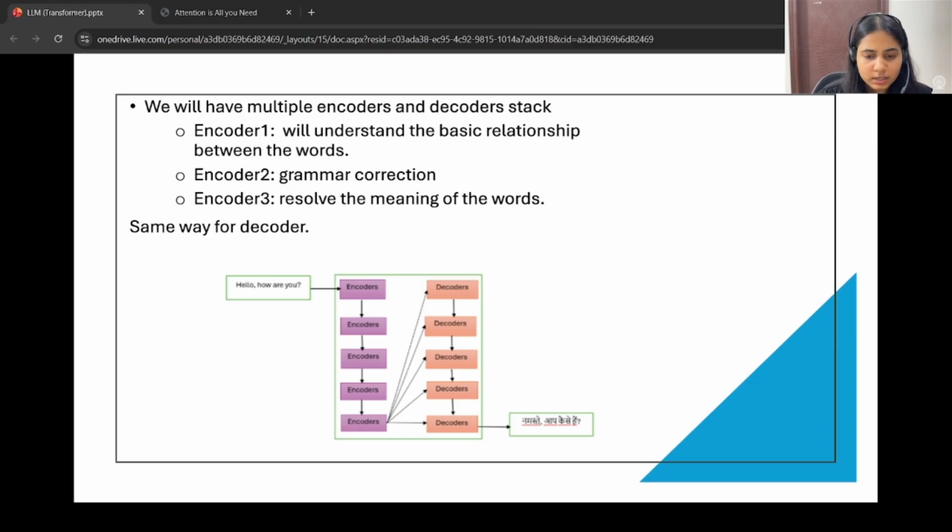So what is this encoder? The encoder gets a list of vectors as an input. As we already know, when we have some input it is converted into tokens, and after that it goes for the embeddings. Embedding means the data is in vector format.